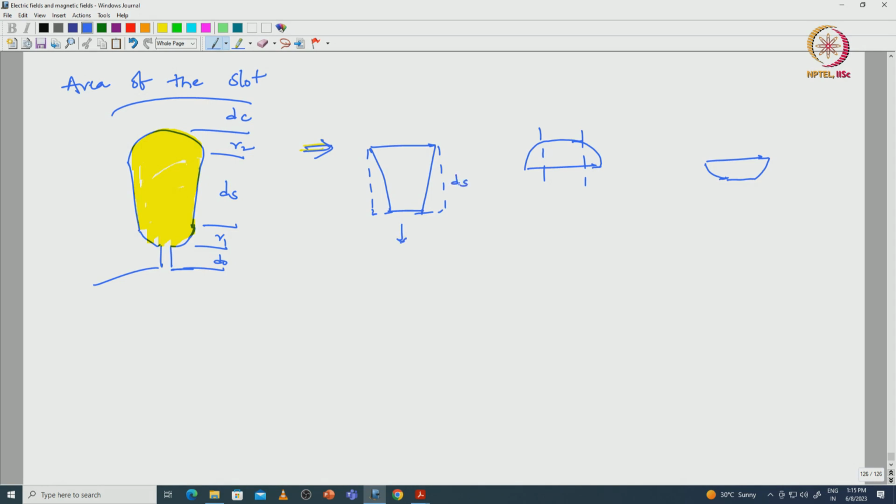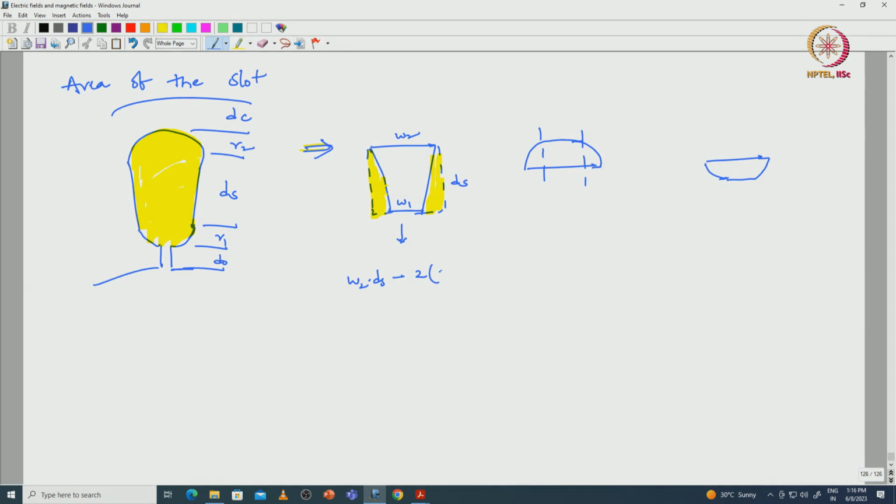This height is ds, and it is W2 and it is W1. So, W2 into ds minus the total square area minus the 2 times the half BH area, the triangle area is nothing but this one. This we have to remove from the square area.